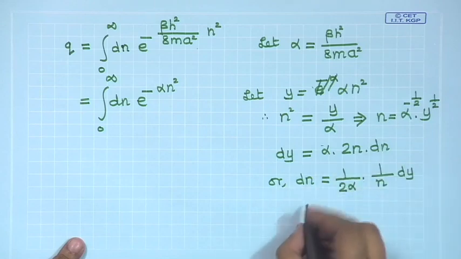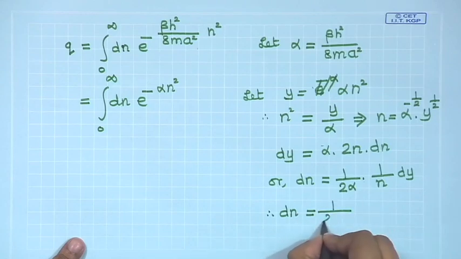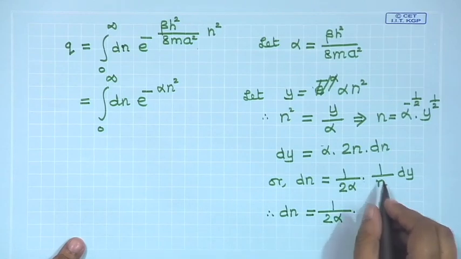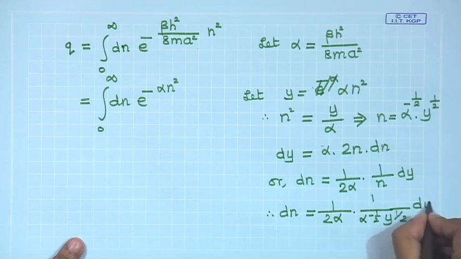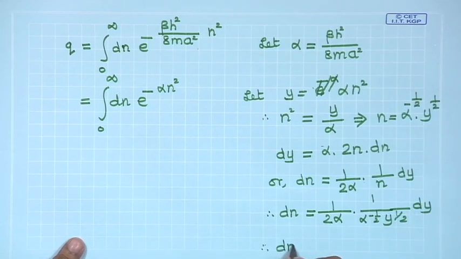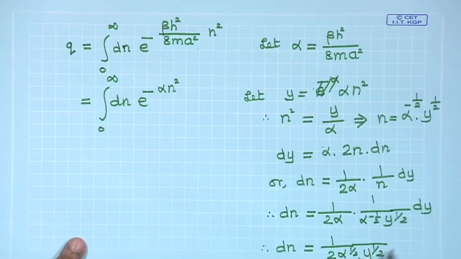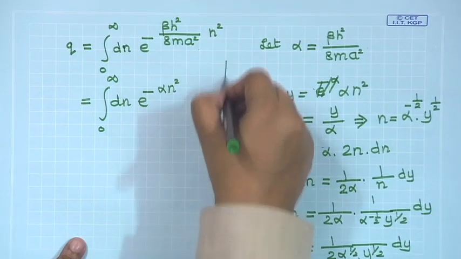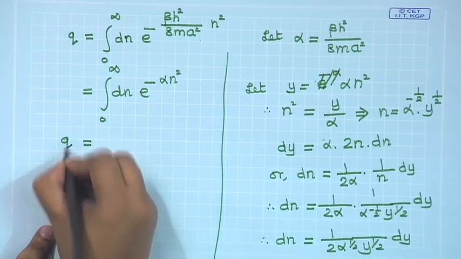Now, I put everything together. So, what I get is dn is equal to 1 by 2 alpha, then in place of n, I am putting in alpha to the power of minus half into y to the power of half into dy. A little bit more algebra, and then what I find is half alpha to the power of minus half y to the power of minus half into dy. Now, I am going to use these new variables in order to find what small q is.